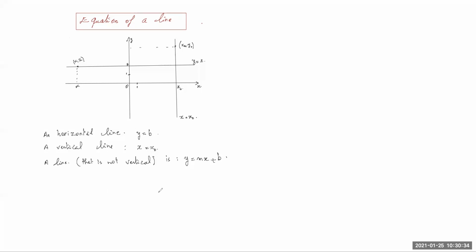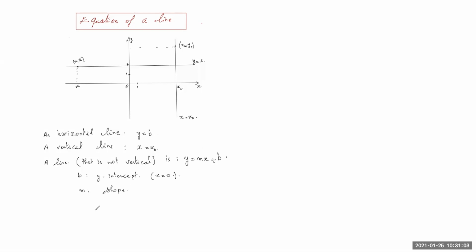We call b the y-intercept, the value we obtain when x is 0, and m is called the slope of the line.